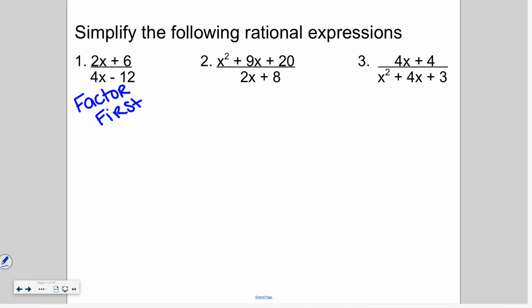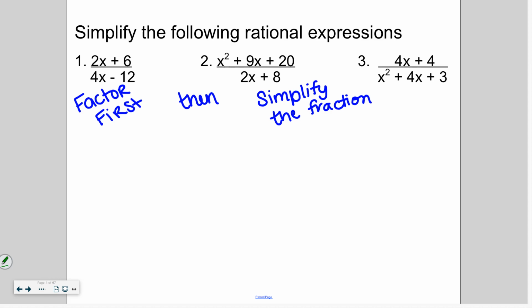And after you factor, you will simplify the fraction. Okay? So it just goes back to remembering how to factor.